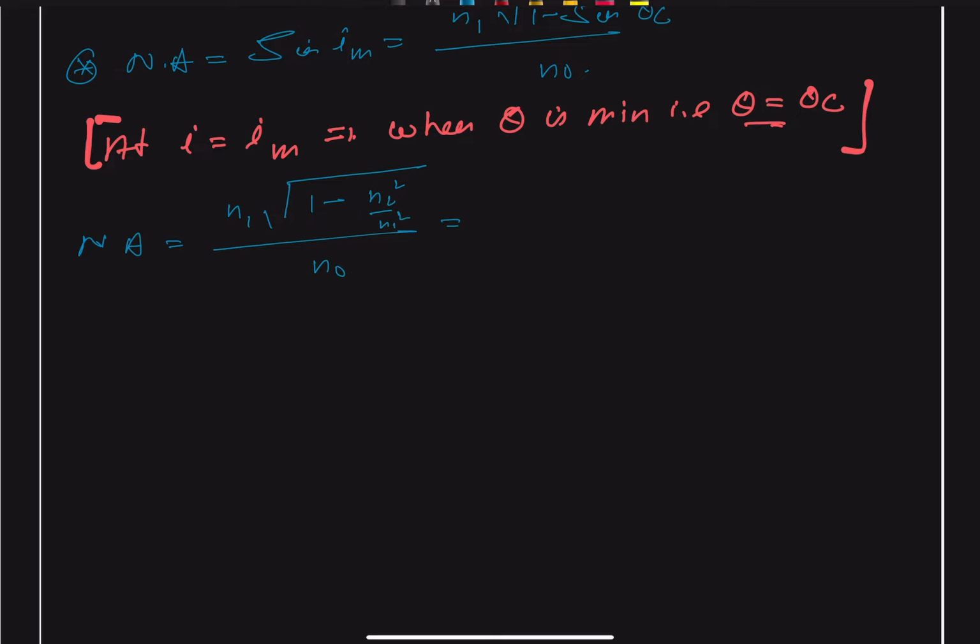We take n1 square as LCM, so we are left with only the square root of n1 square minus n2 square, divided by n0.